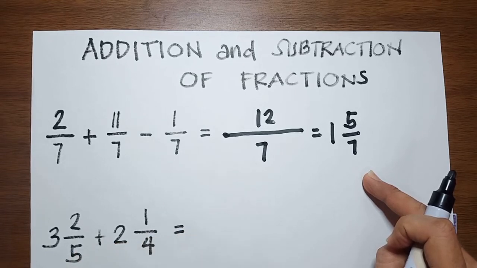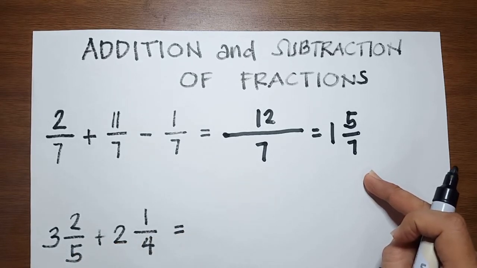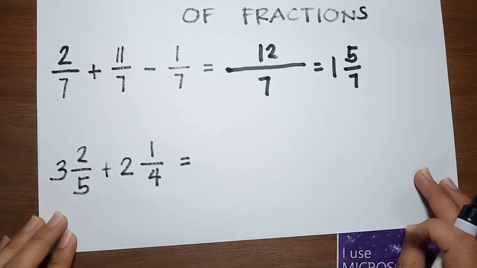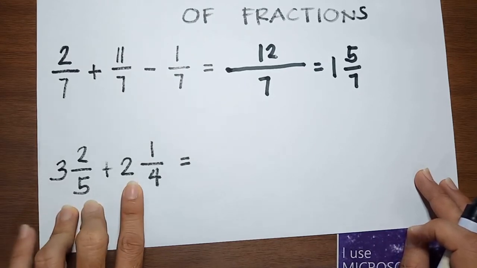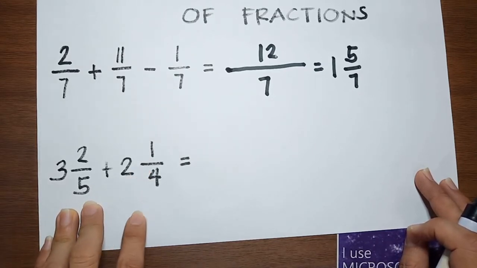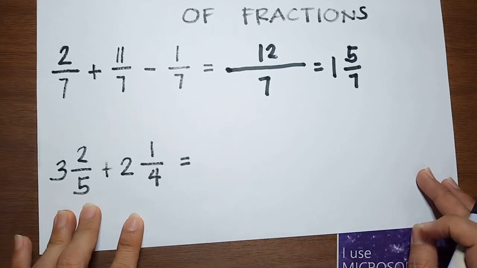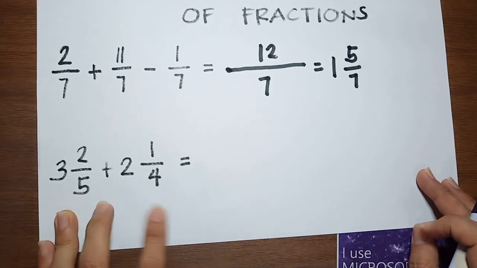Next example. We have 3 and 2 over 5 plus 2 and 1/4. This time, since the fractions are dissimilar, we need to find the LCD.